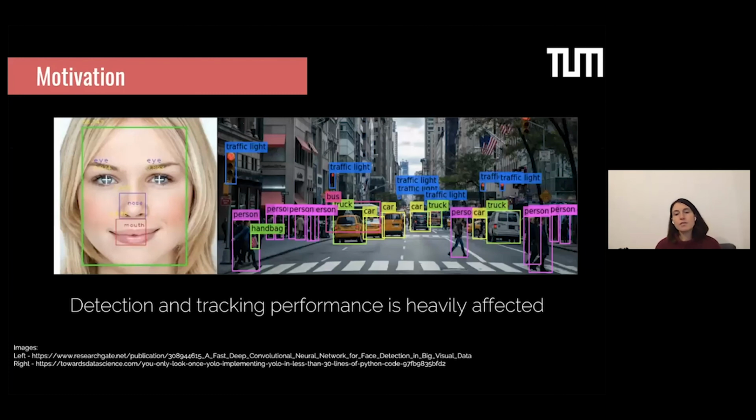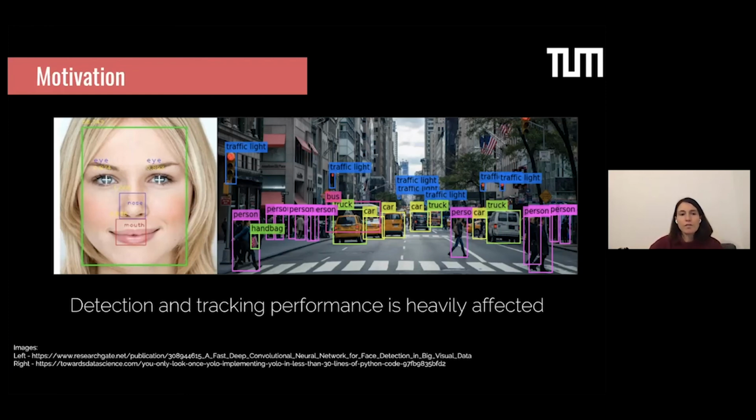But the thing is that if we do this, then the detection and therefore the tracking performance is going to be heavily affected. If we blur the face, we could still detect, for example, the person because there are the legs and all the other parts of the body. But if we now really want to anonymize the full body, we cannot just put a black box on top of the full body, because then, of course, any detector will not detect this as a person.